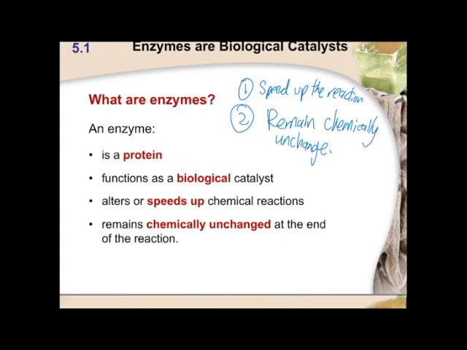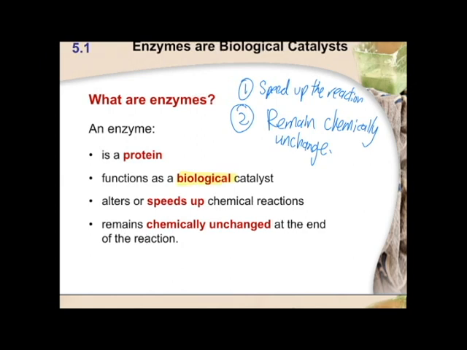So in that sense, an enzyme is actually a protein. If you remember, we talked about the different nutrient groups. So enzyme is an example of the protein nutrient group, and what this does is it functions as a biological catalyst. When we say biological, it means something related to living organisms, the body and things like this.